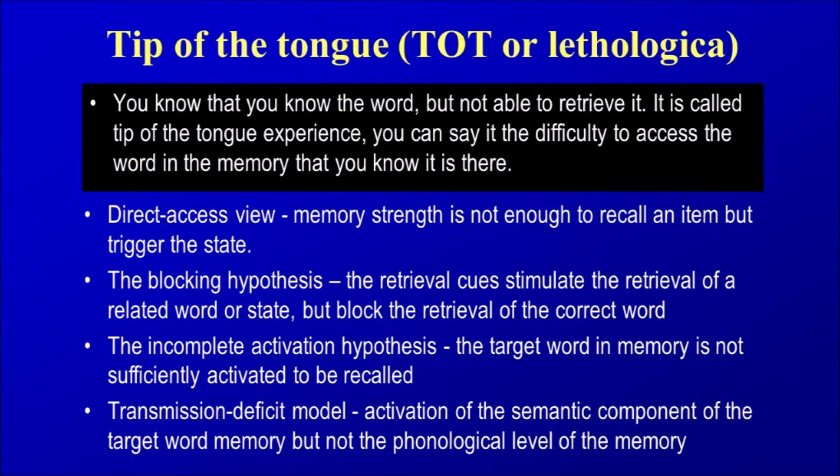One is the semantic component of the word, and the second is the phonological level of the memory. So according to transmission deficit model, tip of the tongue experience occurs when the semantic component of the target word is activated, but the phonological level of the memory is not activated.